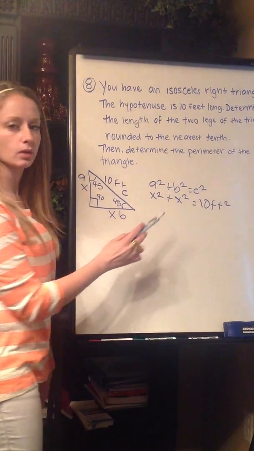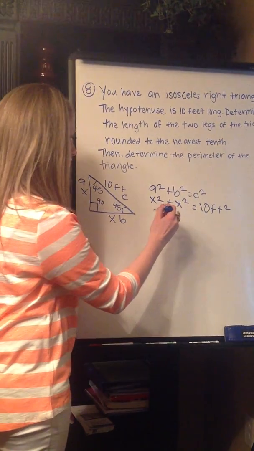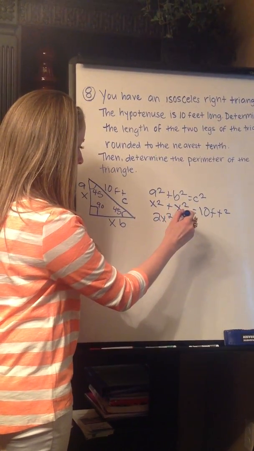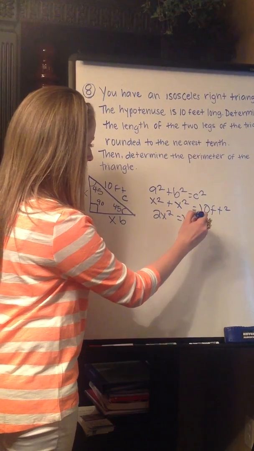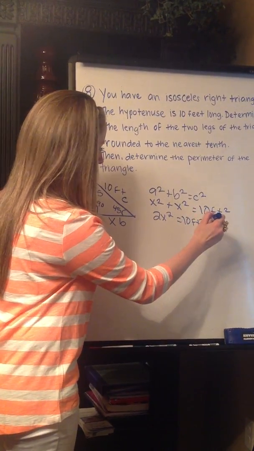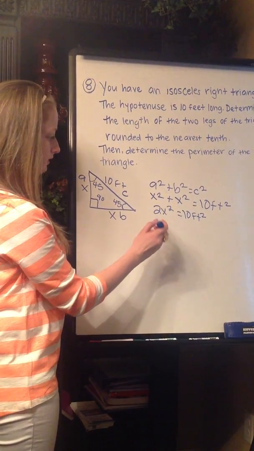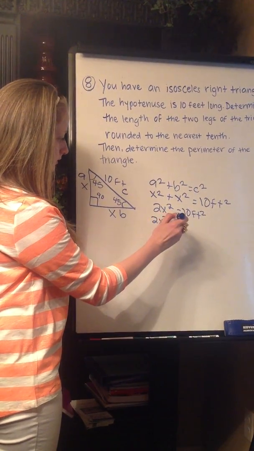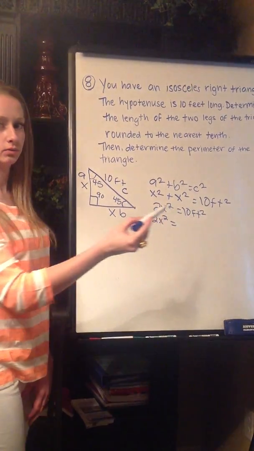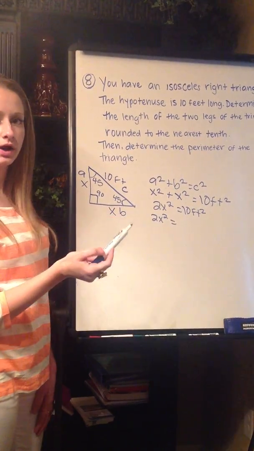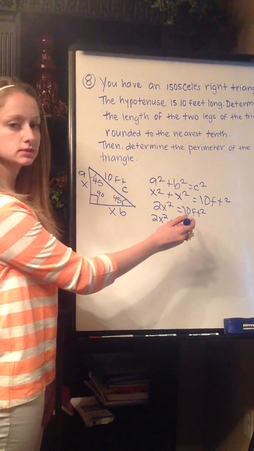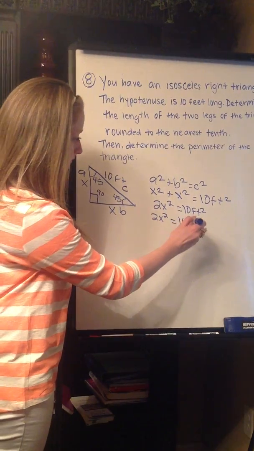Now we have x squared plus x squared, which gives us 2x squared, equals 10 feet squared. And when we solve out 10 feet squared, that gives us 10 times 10, which is 100 feet.